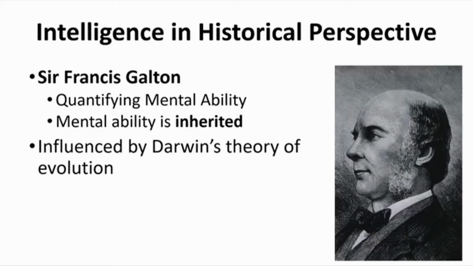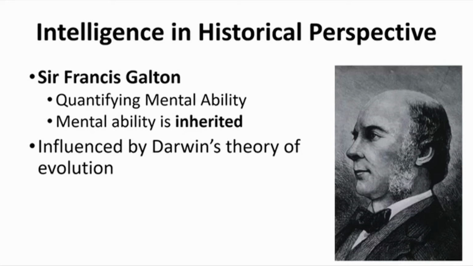That people who came from families that were very successful and usually wealthy ended up being more intelligent. Now, we might look at this and think of it as flawed logic because these eminent people were also coming from privileged environments. So there's an environmental factor there that he completely ignored.